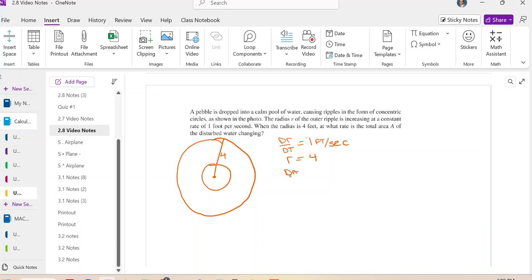So we want to find dA/dt. And we can find the area because remember, area is pi r squared. But first let's define our variables here. We have r, which is the radius of the circle, and we have A, which is the area of the circle.